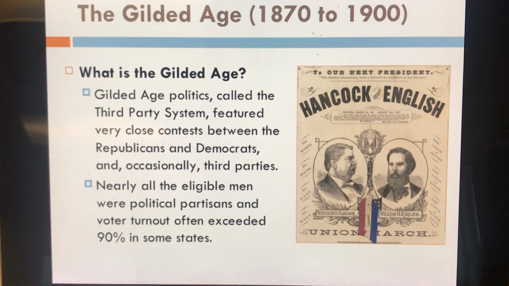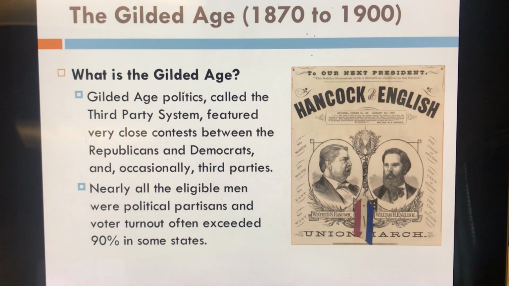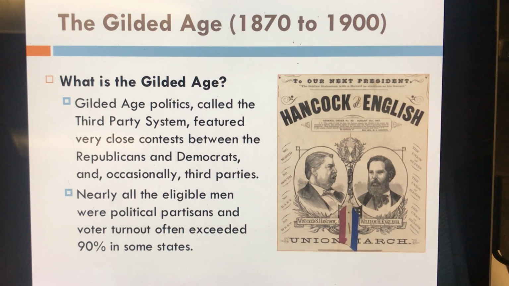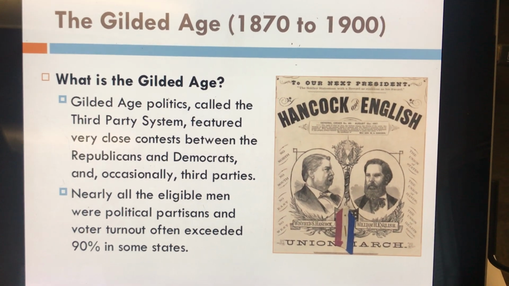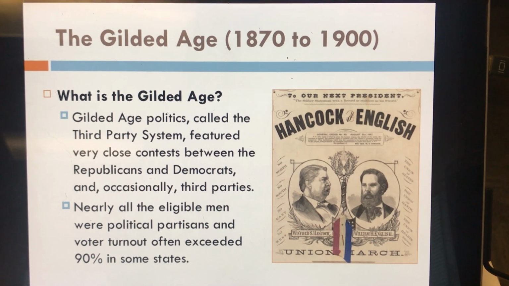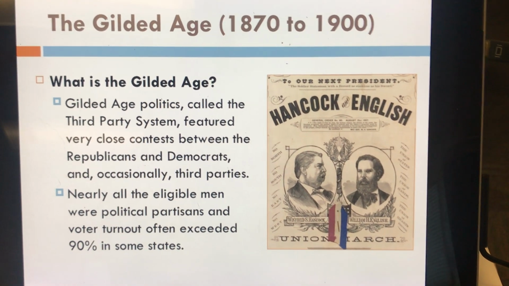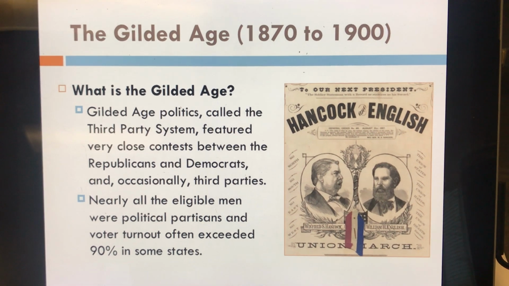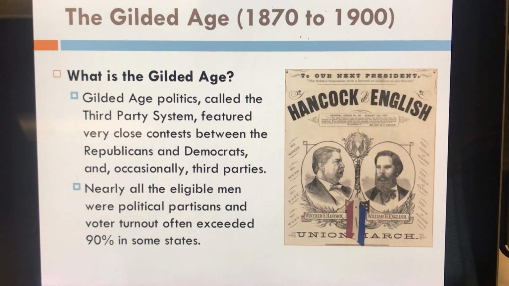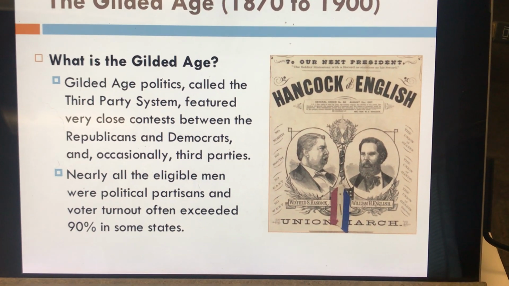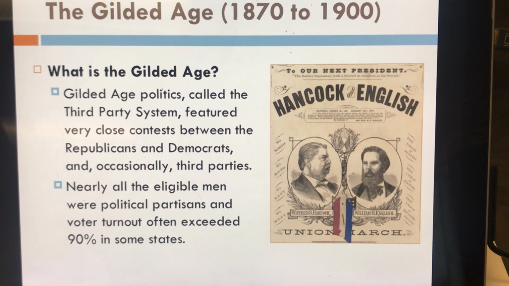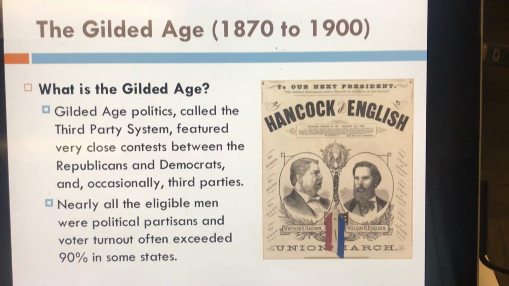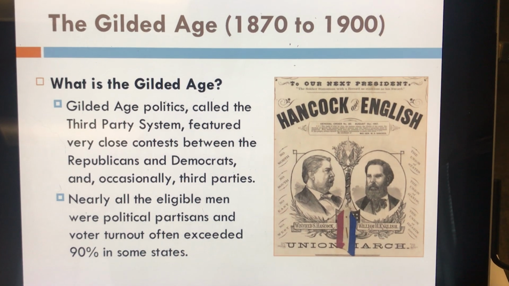There were very close contests between Republicans and Democrats, and many times there were third parties that had a very significant presence in the elections. Almost all the eligible men participated in the political process. Voter turnout a lot of times was 90% or more. So people were actively involved.